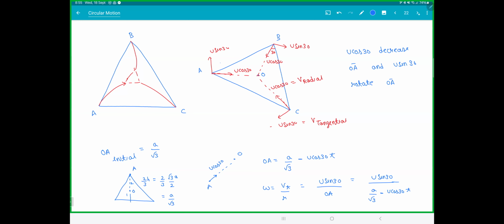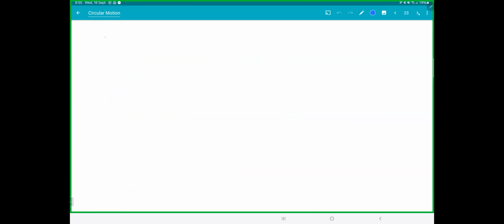Question still not over. So we got omega from here: u sin 30 by a by root 3 minus u cos 30 into time. Simplify this further.